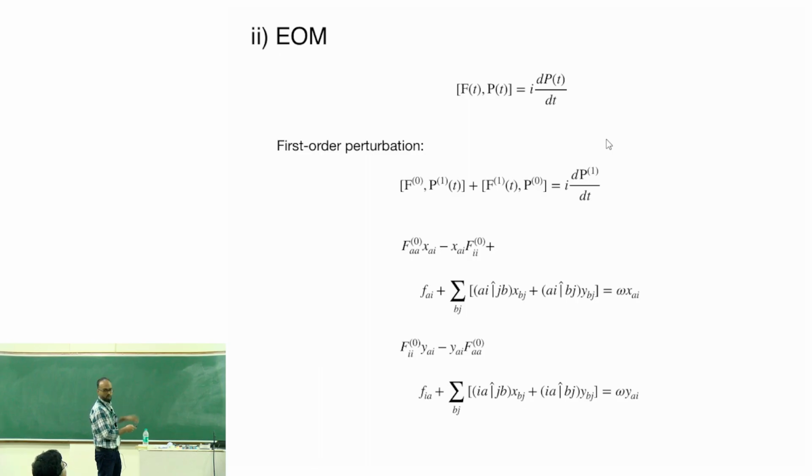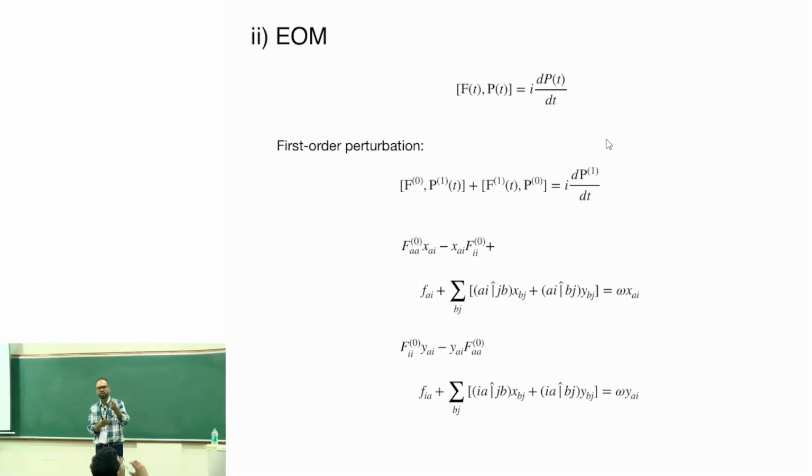So after doing all the simplification, I'm getting these somewhat complicated looking equations. One equation is for X_AI, the other equation is for Y_AI, right? So these are the two perturbations that I have to figure out. My unknowns are the X's here, the first order perturbation in the density matrix.